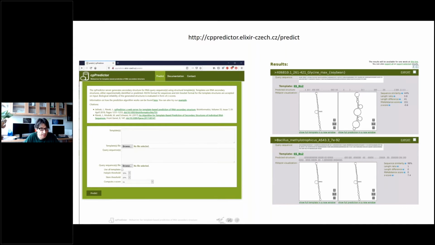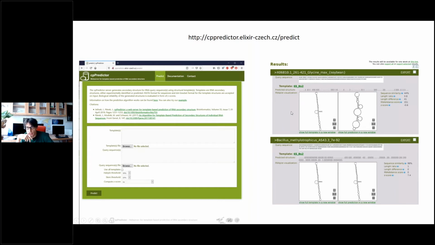Yeah, we made a web server for this algorithm. This is its input page, where you put a template sequence and template structure in dot-bracket form and a query sequence, and then you can set up a few parameters. I will come to them later.